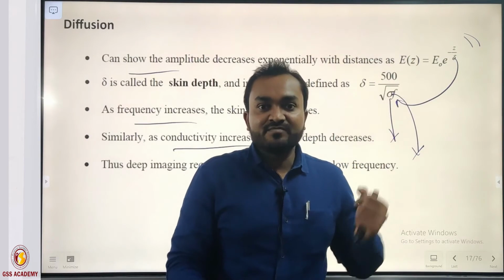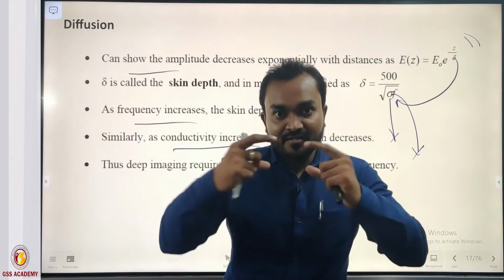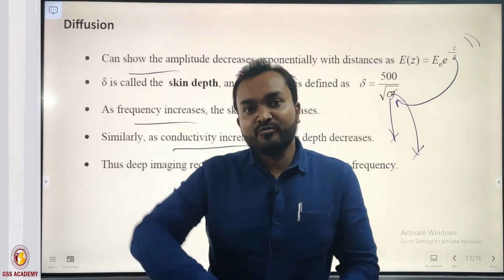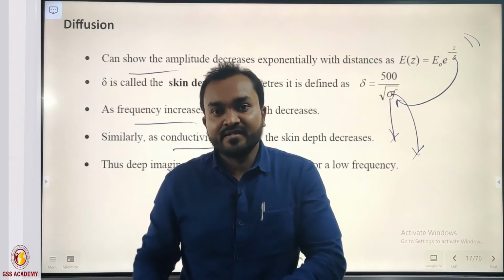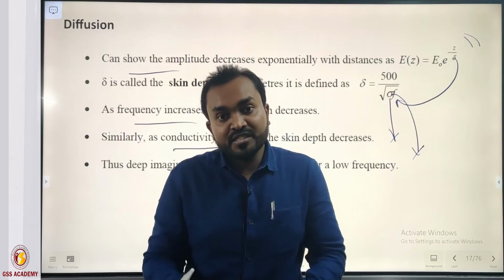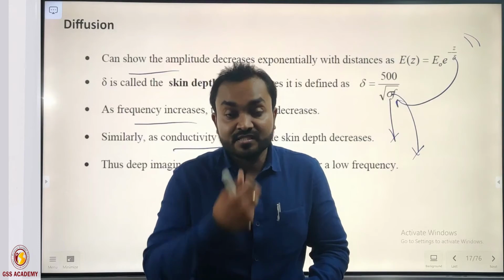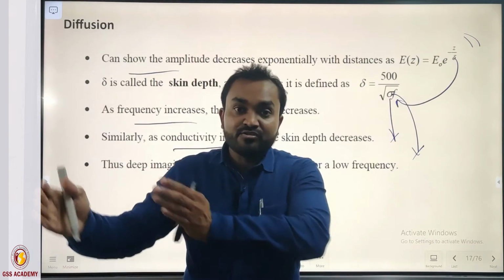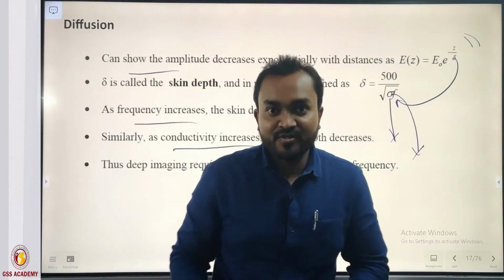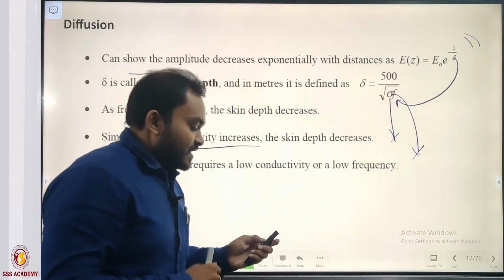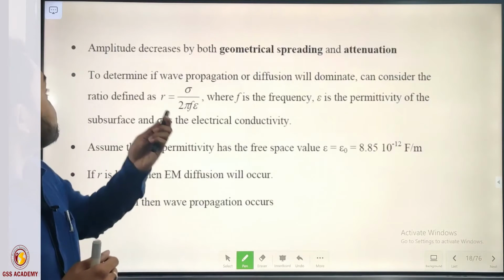So from this concept, to design your electromagnetic instrument or method, if your objective is a deeper depth of investigation, then you will design your instrument in such a way that your frequency range will be low. This is one concept I am giving you.